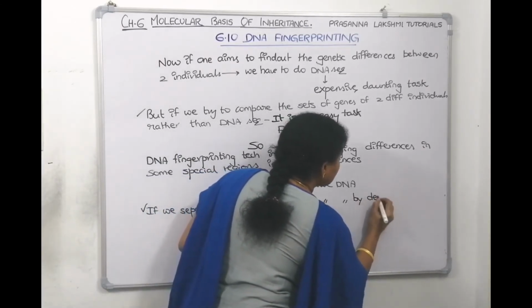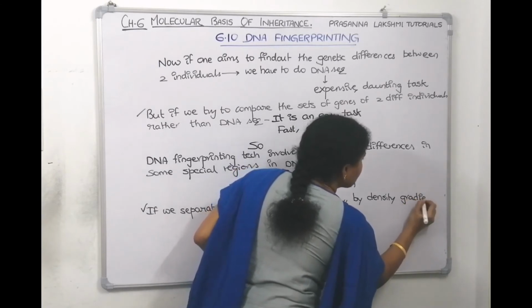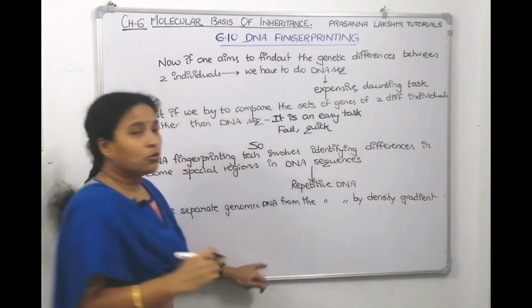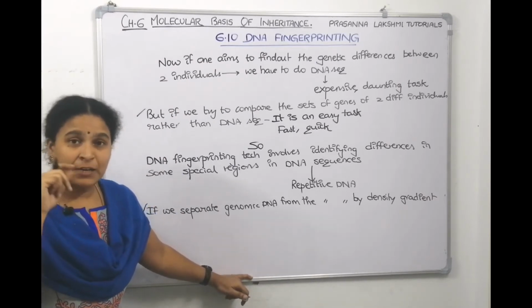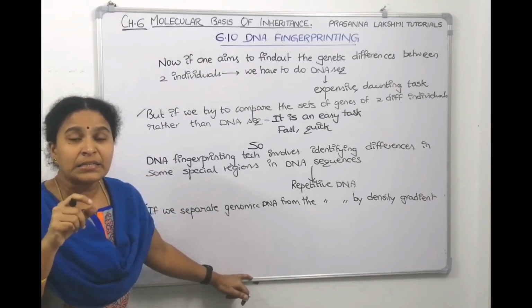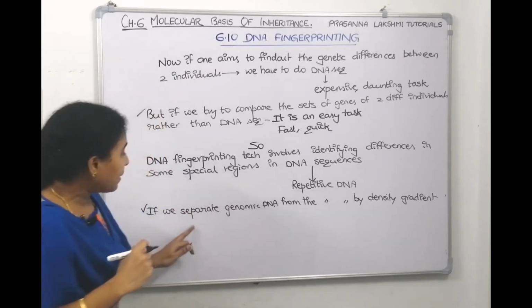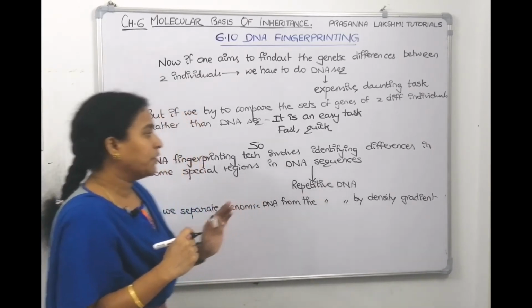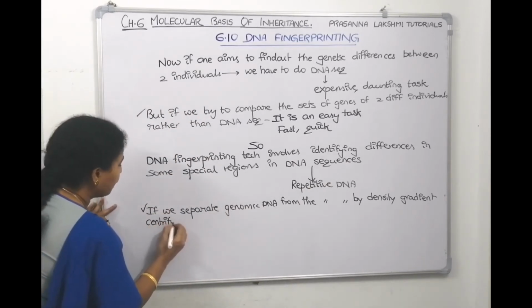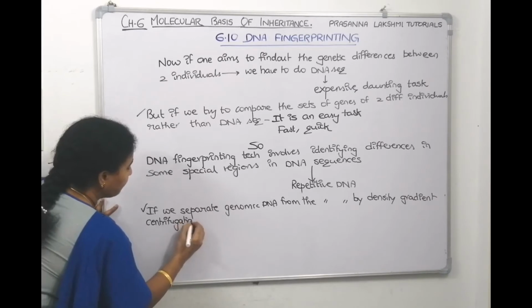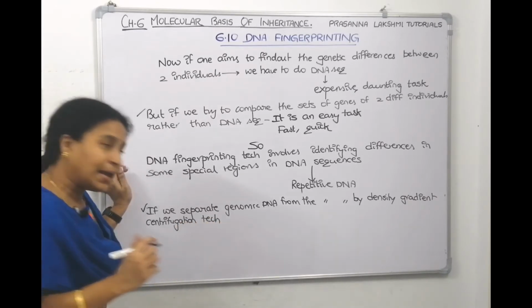I told you, it is the density gradient centrifugation technique. So we will prepare a density gradient column and apply centrifugal force. Now the particles, depending on their densities, nicely go and sediment there. So when we separate the genomic DNA from the repetitive DNA by density gradient centrifugation, the genomic DNA forms a big peak.